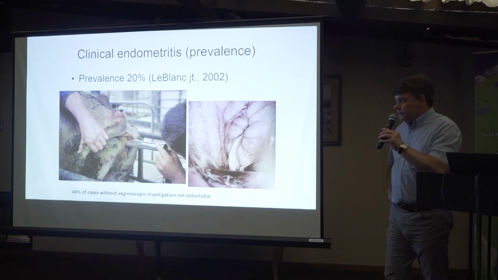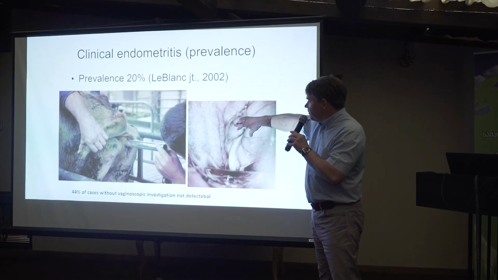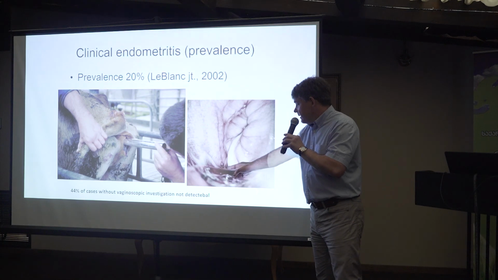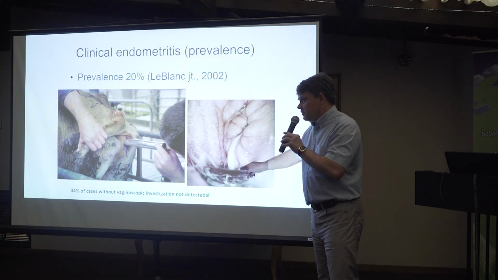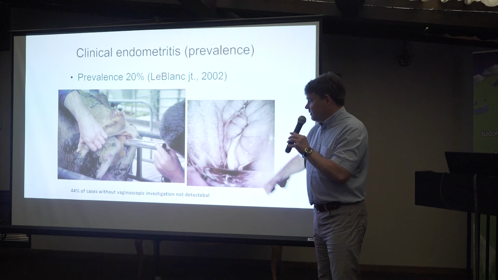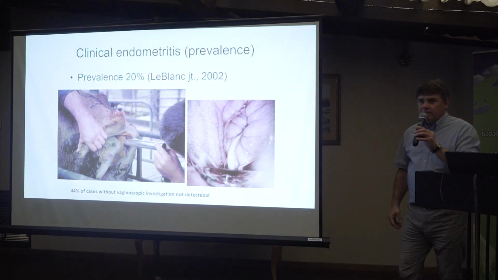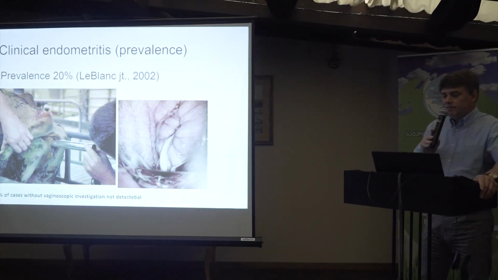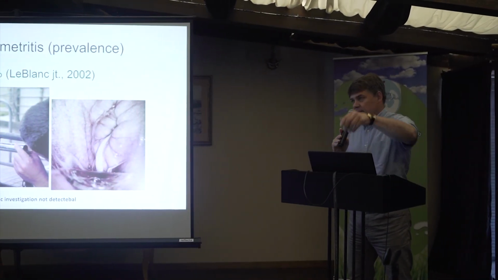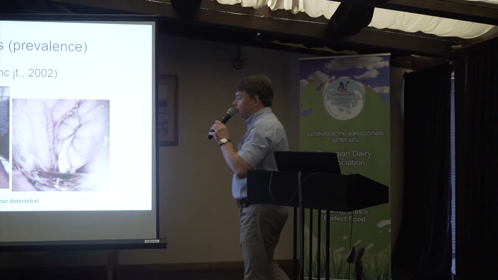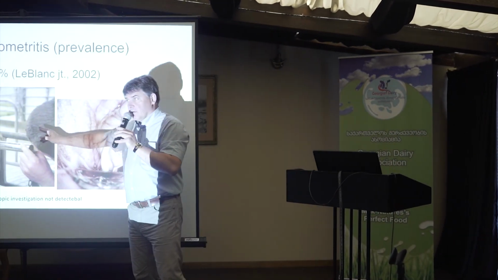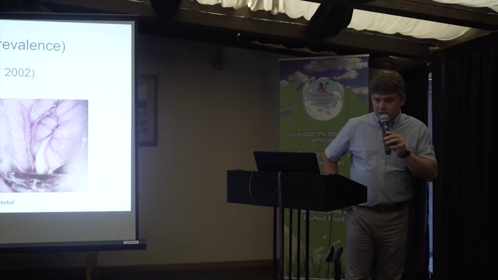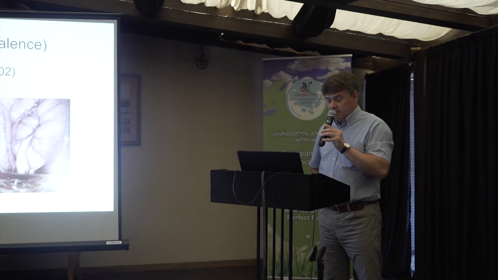Here it is very nicely seen that the cervix is almost closed, but still discharge is coming, and there is even a small pool of discharge just down from the cervix. If the discharge volume is very little, maybe 10-15 milliliters, it's very hard to take it out by hand, and it will stay inside the vagina, but this speculum helps us quite a lot. So if you have the possibility, my strong suggestion is to have it for better diagnosis.